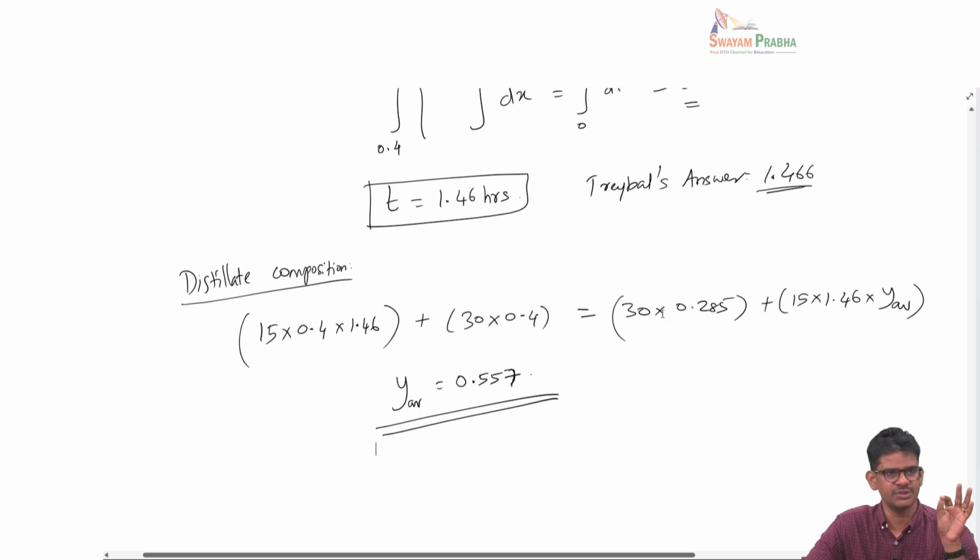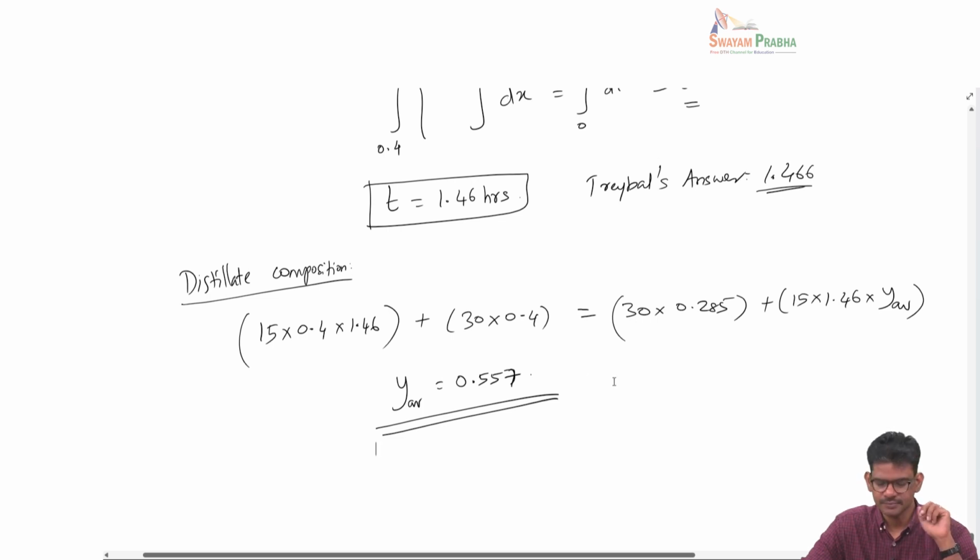This is the final composition of the liquid in the still. So this has to be matched. How much we have put in from the feed, plus how much was initially there, must be equal to how much is still present in the vessel plus how much vapor has been generated. In this equation, the only unknown is the average y, and the rest you can calculate and you will get about 0.557.